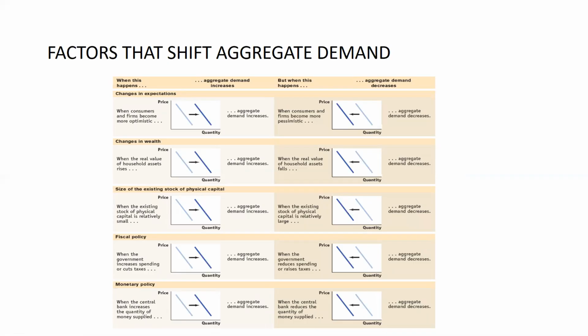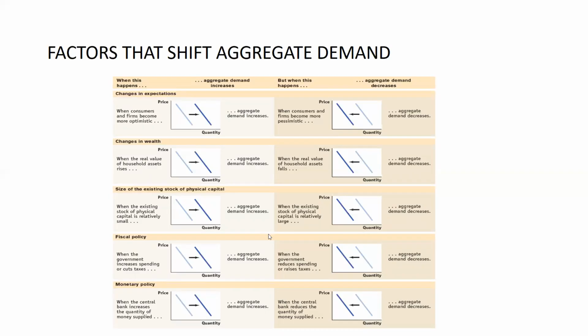When consumers and firms become more optimistic, the aggregate demand goes up because people spend more when they're more optimistic. Similarly, with changes in wealth. If the size of the existing stock of physical capital is small, we saw that increases the demand for investment, because now we have fewer machines, and to get to the same level of output, we need to produce more machines.